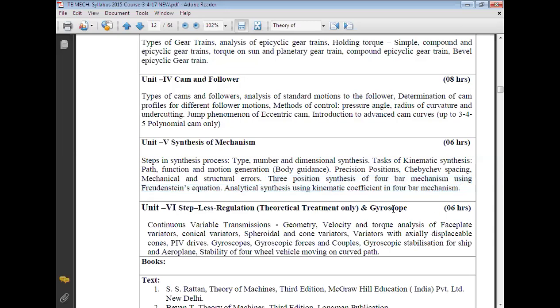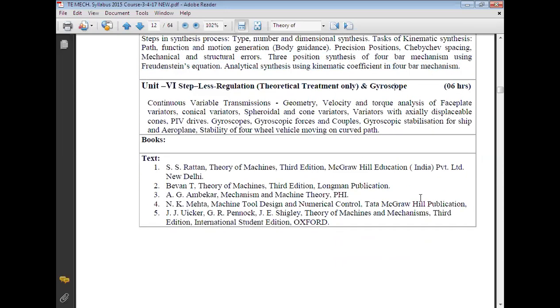Then unit number 6 is stepless regulation, and in brackets it is written that it is theoretical treatment only. So you must understand only the theory part, what exactly stepless regulation is. What step regulation is, whatever we do observe in the case of gearboxes.